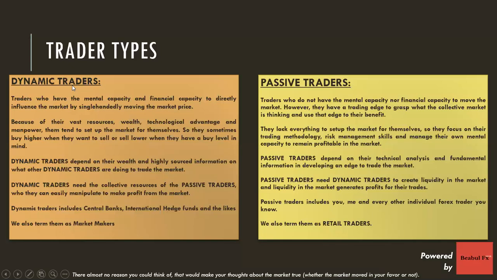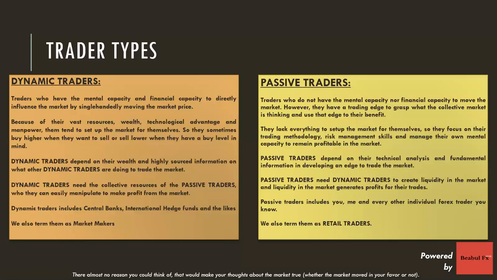So if they want to buy, for example, now a dynamic trader wants to sell the market. Let me look for a market. Let's say gold, for example. Currently, gold is at 1742, and the dynamic trader has done the market outlook and is looking like the maximum anybody is going to buy gold for is 1750.